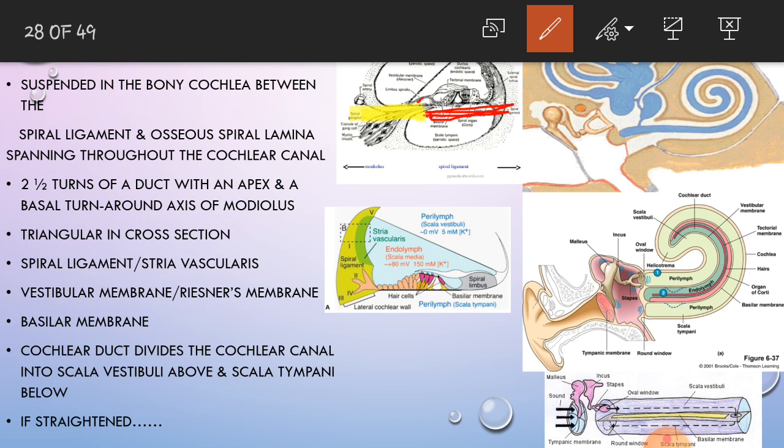From the upper part of this osseous spiral lamina extends another membrane, which is the vestibular membrane, and here the periosteal thickening makes another ligament, the spiral ligament, which contains the stria vascularis. Stria vascularis produces the endolymph. Okay, and this cochlear duct is filled with endolymph.